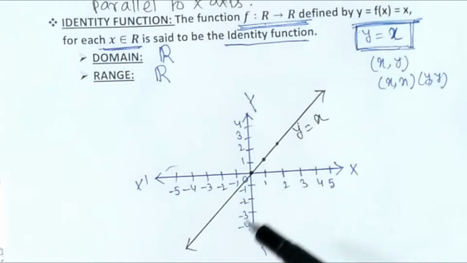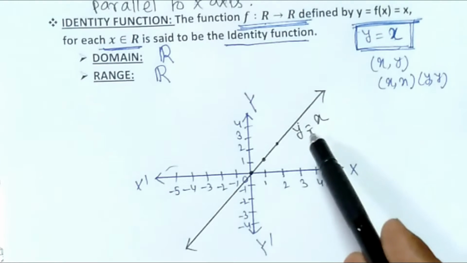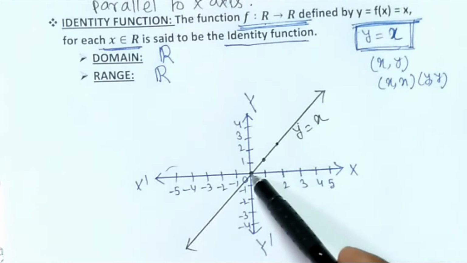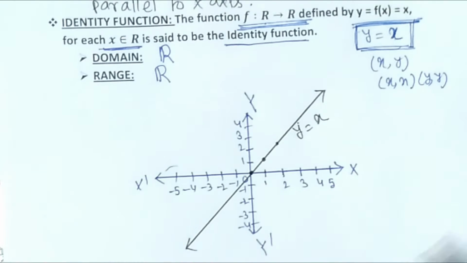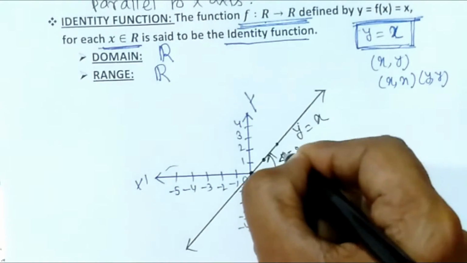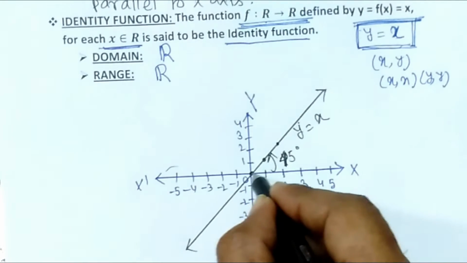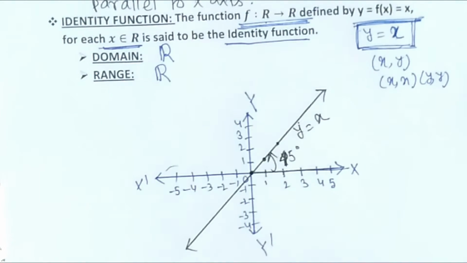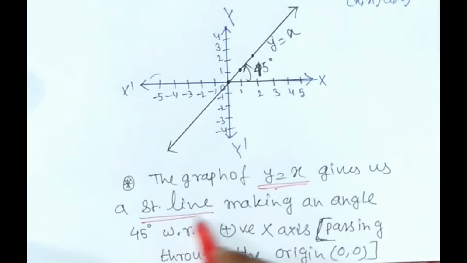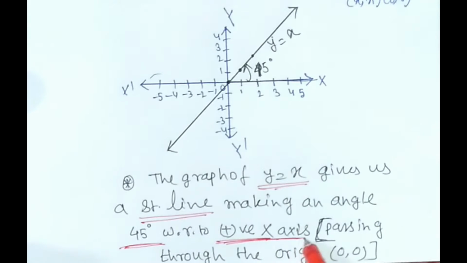So clearly we will get the graph of the function y equals x as a straight line passing through the origin, which makes an angle of 45 degrees with respect to the positive direction of the x-axis. So the graph of y equals x gives us a straight line making an angle of 45 degrees with respect to the positive direction of the x-axis. The line is passing through the origin, that is (0, 0).